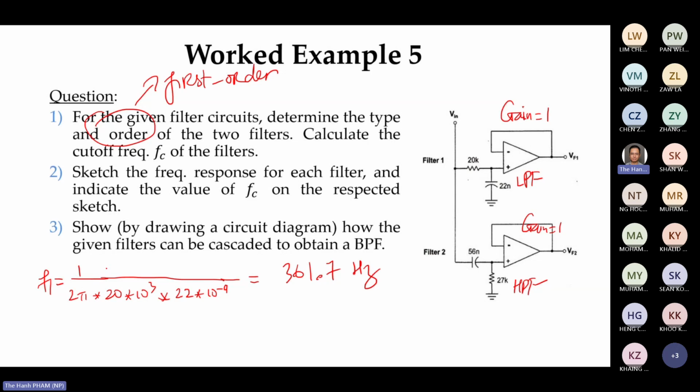So this is the cutoff frequency of the low-pass filter, right? The low-pass filter cutoff frequency is here.